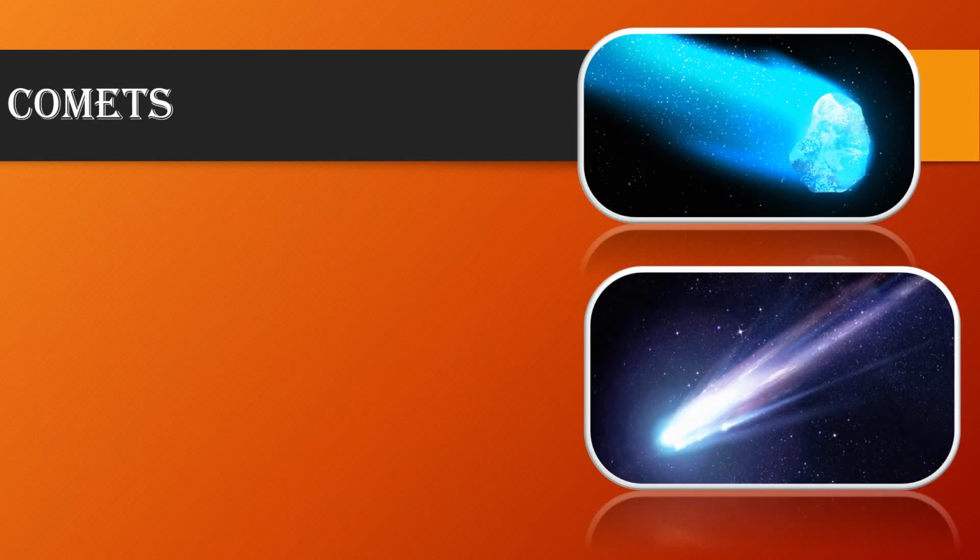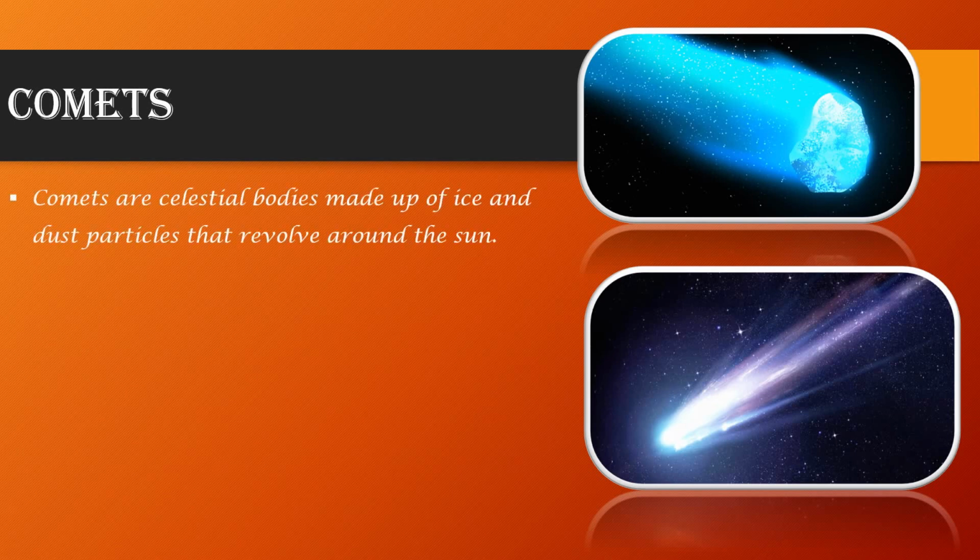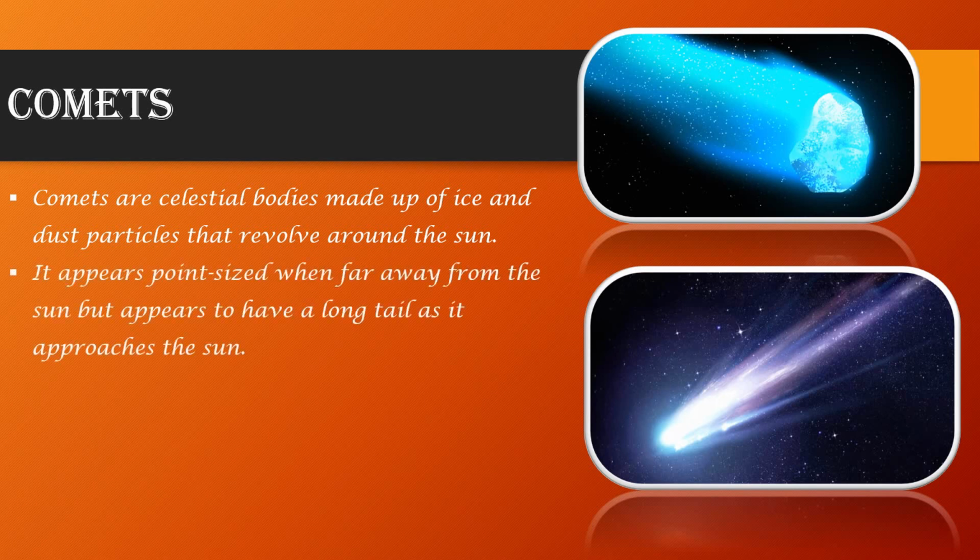Now students, what are comets? Comets are celestial bodies made up of ice and dust particles that revolve around the Sun. It appears point-sized when far away from the Sun, but appears to have a long tail as it approaches the Sun.